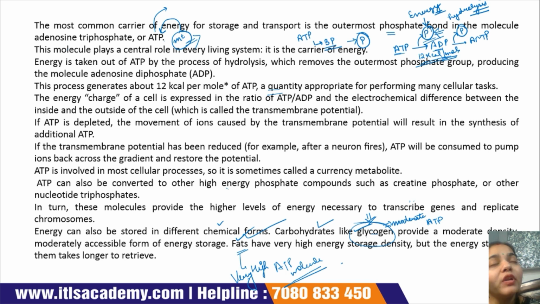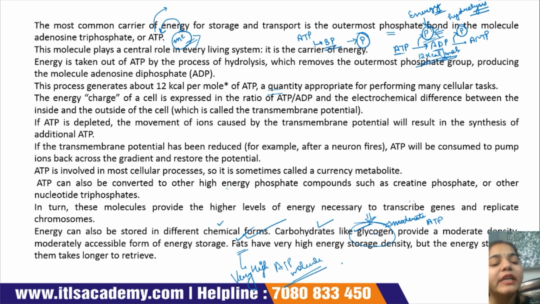Whenever the outermost phosphate bond is broken, we obtain energy, and whenever ATP is converted into ADP, we obtain energy from one molecule of it. Whenever one molecule of ATP is utilized, we obtain energy in kilocalories per mole, and this generated energy is used to perform lots of cellular tasks.